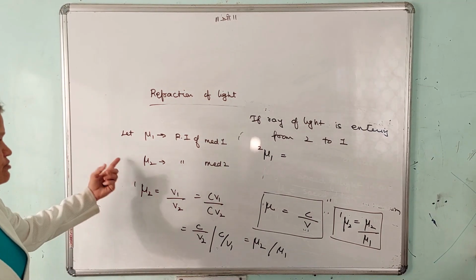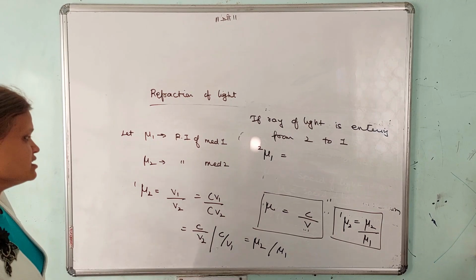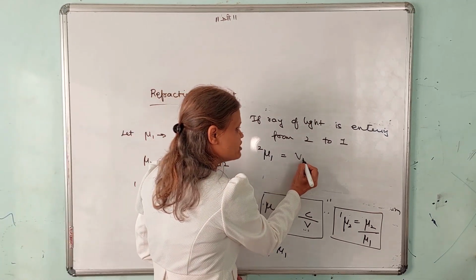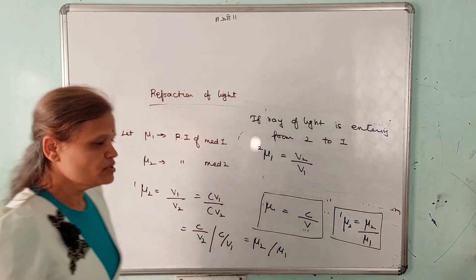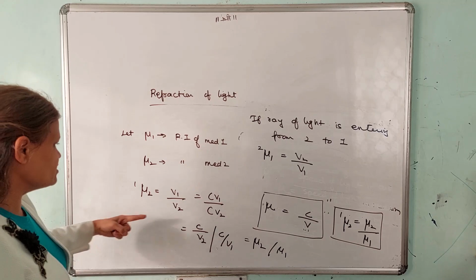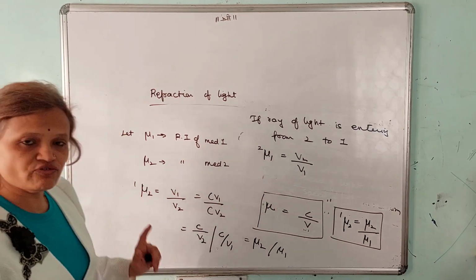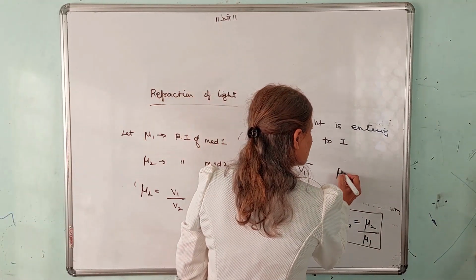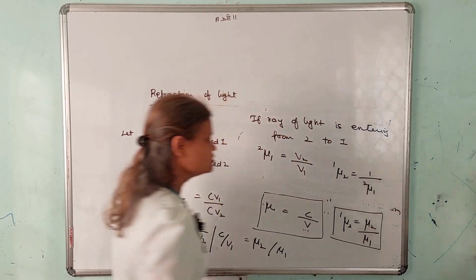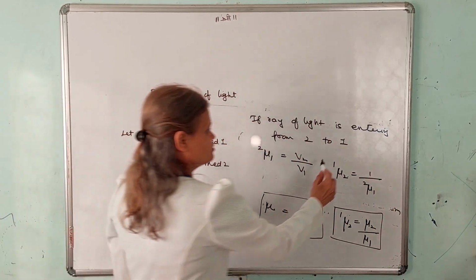Okay, see the difference because we have changed the path, reversed it. So here the formula is V1 by V2, here it will become V2 by V1. So you can see that mu21 and mu12 are just reciprocal of each other. So another formula, mu21 equals 1 upon mu12.